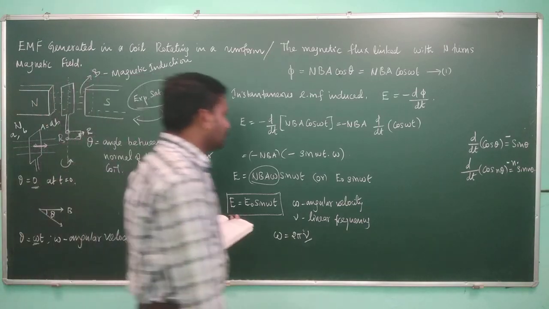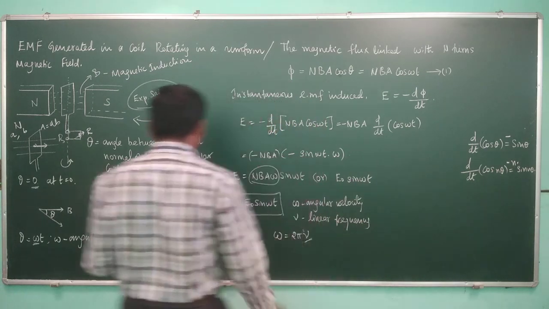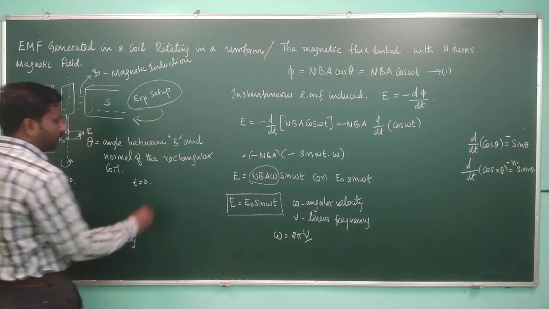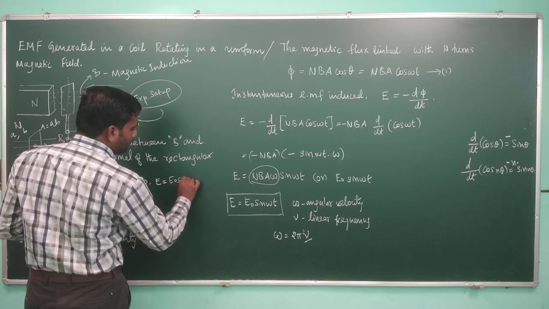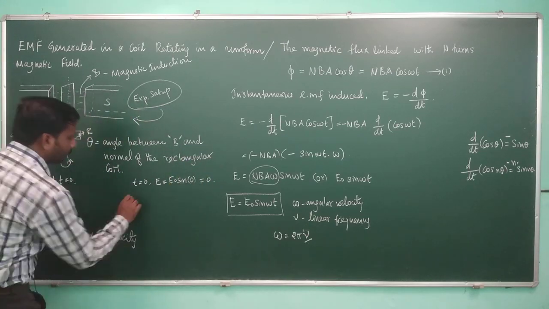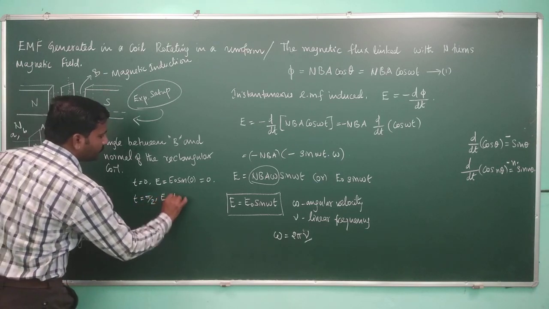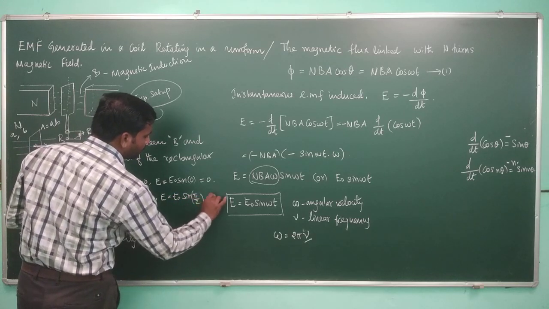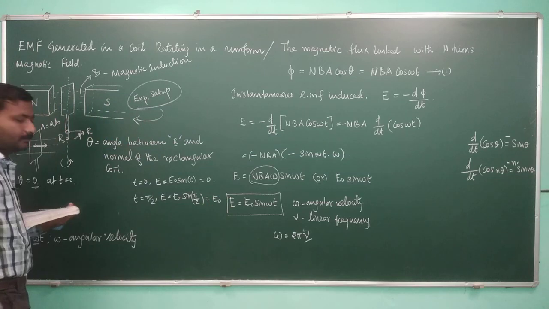Fine. Now let's consider some of the situations where we will apply this equation. Let us write this equation for t equal to 0. If t equal to 0, then E becomes E naught sin 0, which is equal to 0. Then for t equal to pi by 2, E becomes E naught sin pi by 2, which is equal to E naught, because sin pi by 2 equals 1.